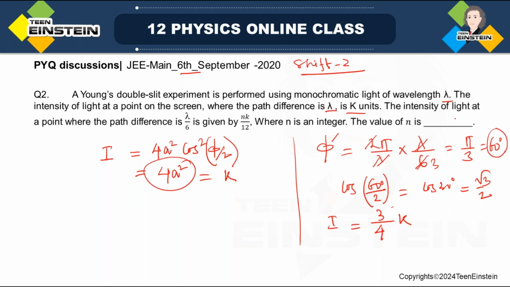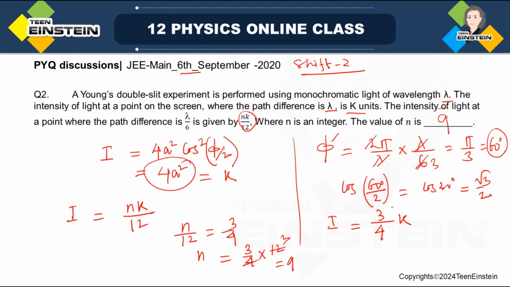We have to find the intensity in terms of nk by 12. So I is given as nk by 12. That means n by 12 is equal to 3 by 4. So what is this n then? 3 by 4 into 12, which will give you 9. So n is equal to 9. Okay, this is the answer for this question.